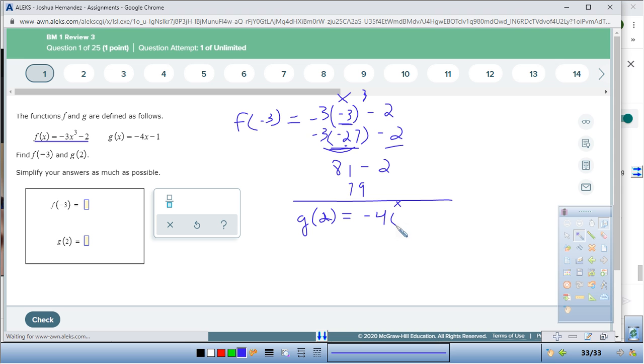We're going to get rid of that x, and we're going to put a -2, -1. My bad, +2. Okay, so this negative times a positive gives me a -8 right here. -8 here, and then -1, that gives me a -9. So there's that answer for that one, and then there's that answer for that one.